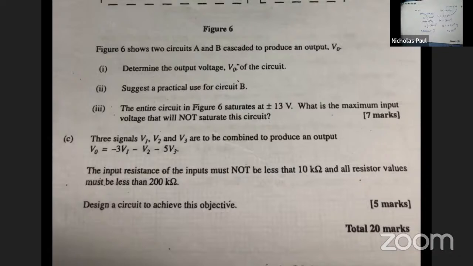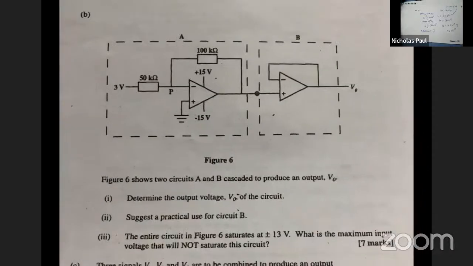All right, so first part here: determine the output voltage. So we need to get a gain, the gain for the first part, that's A, right? There's an inverting op amp, so that's minus 150 over 75, which is minus 2. The gain for B is just 1. So you multiply them, and you'll get the overall gain.